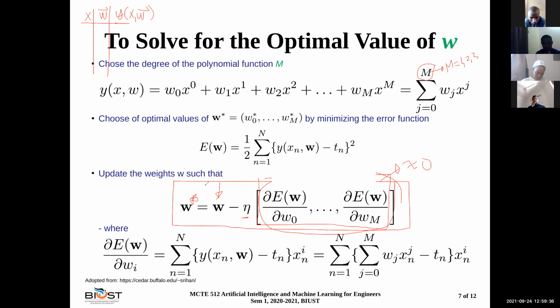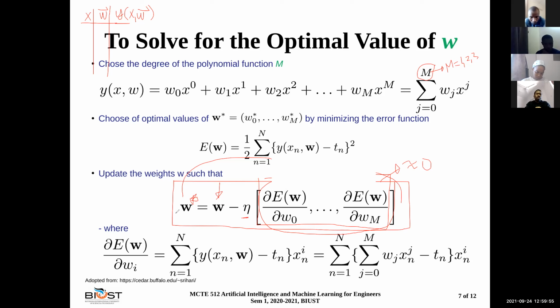Now with this new W, you compute this again, and then compute a new W. This current W minus this correction factor, whatever the value of W is.